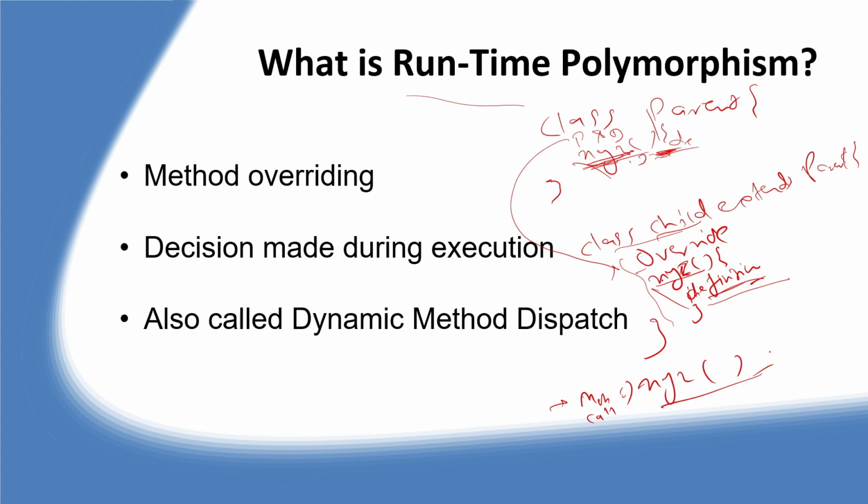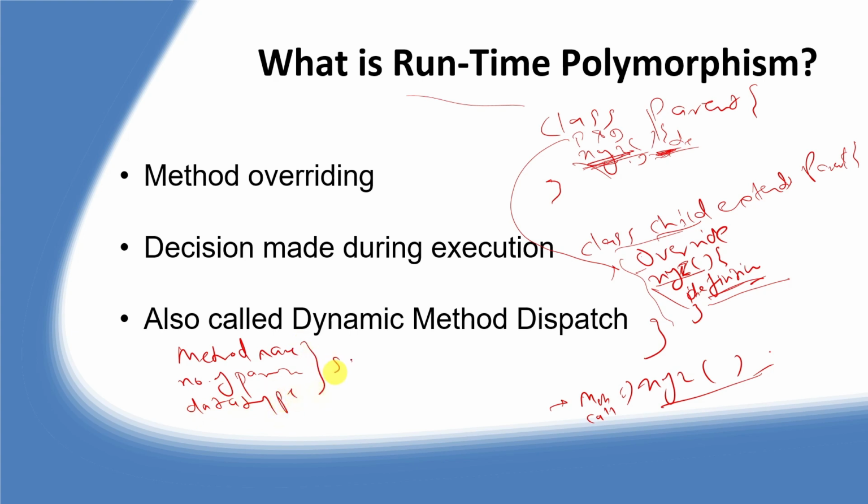Override means the method name should be the same. This is the first rule. The number of parameters and the data type should be the same. This is the second rule. I will write here: method name should be same, number of parameters should be same, and data type of the parameter should be same.